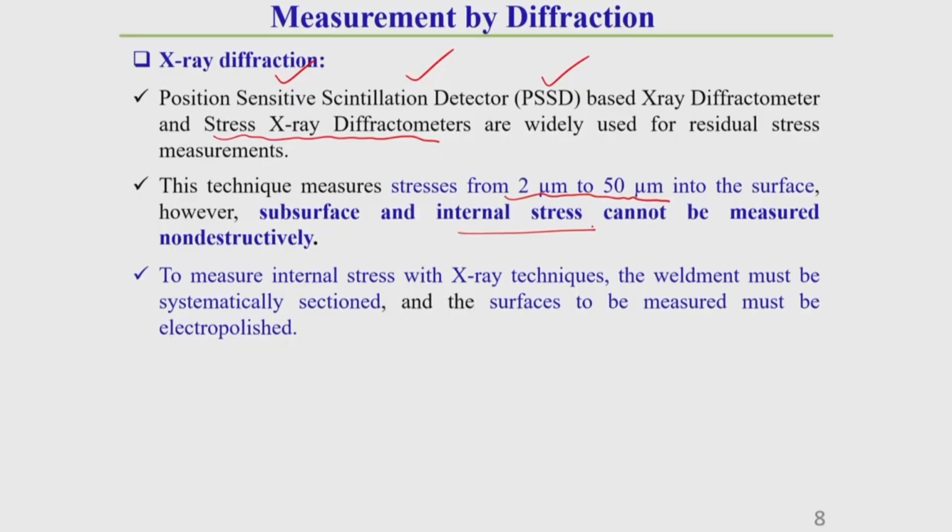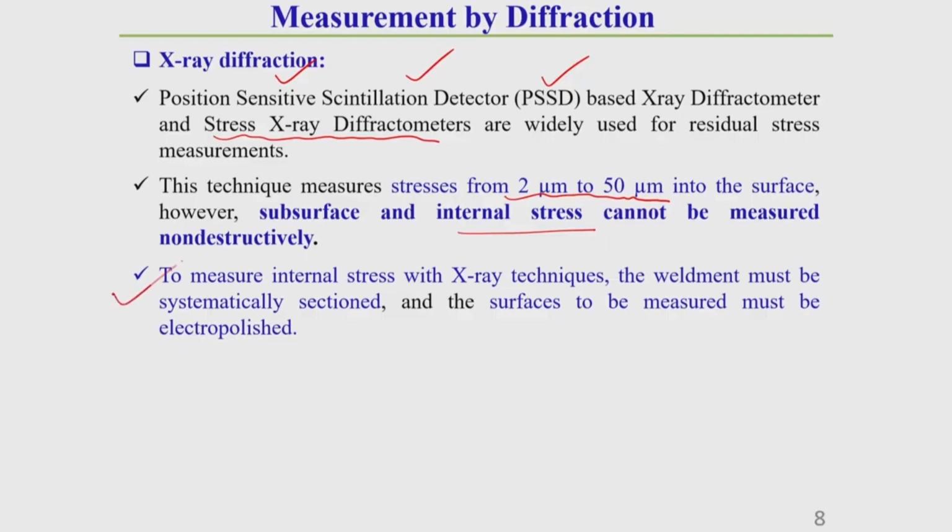Electropolishing is required before measuring by using the XRD technique. So, subsurface and internal stress cannot be measured non-destructively, this you should keep in mind, because for internal or subsurface stress measurement we have to section it and polish it, and only after that can we get the stress distribution there.